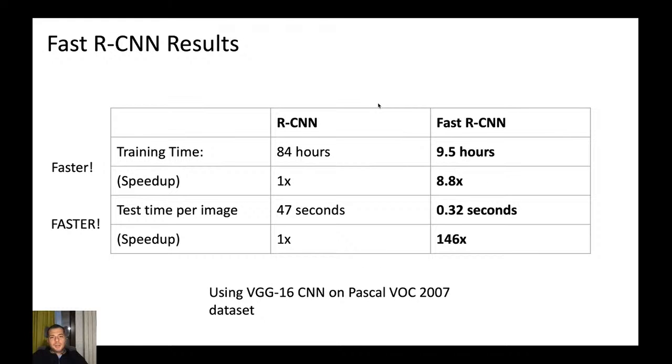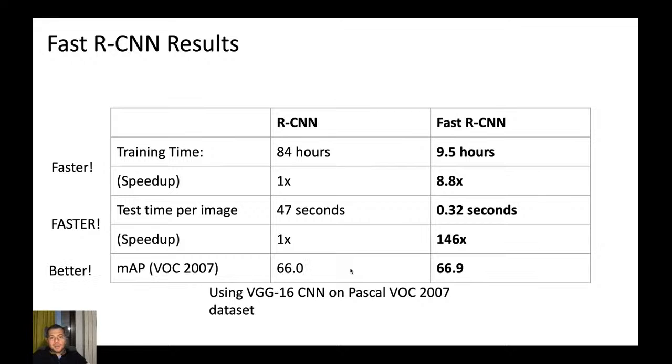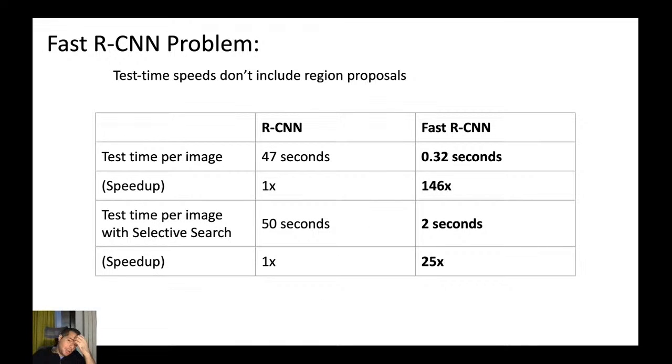When you add in the region proposal, you add 2 or 3 seconds to both models, as you will see in the next slide. So for Fast RCNN, as I said, the test time doesn't include the region proposal. When you add it in, the time is about 2 seconds here, and here we have about 50 seconds.